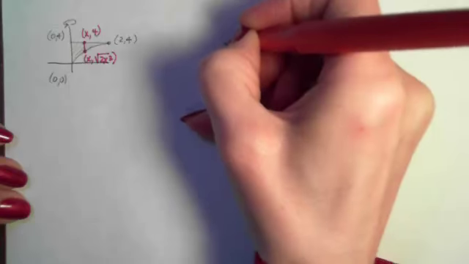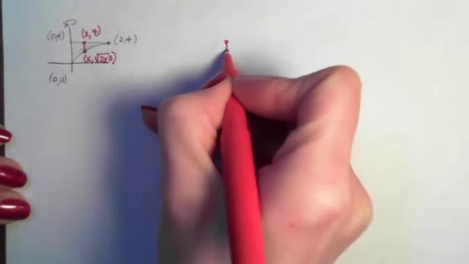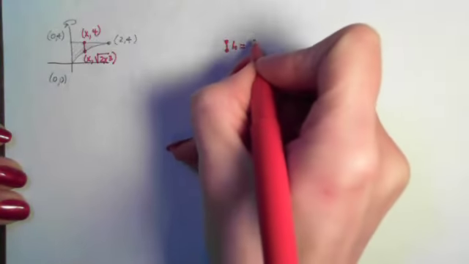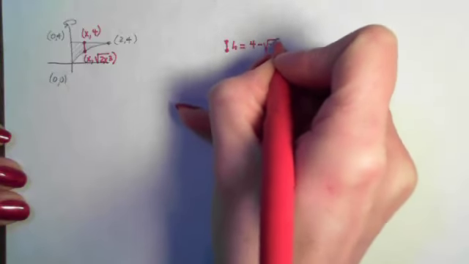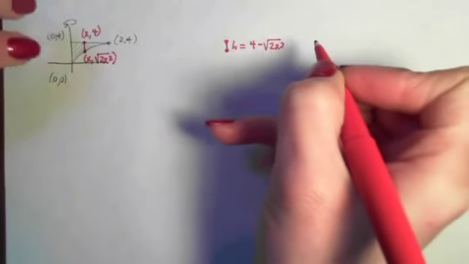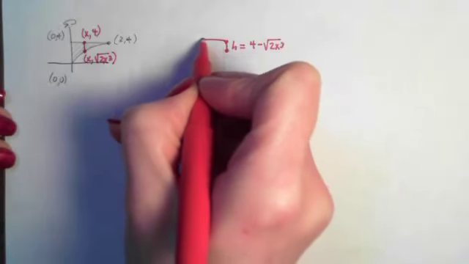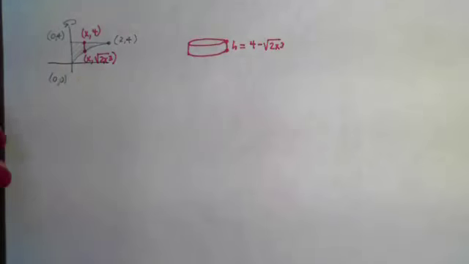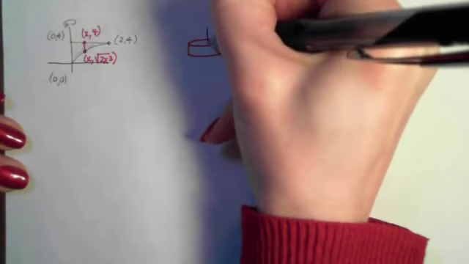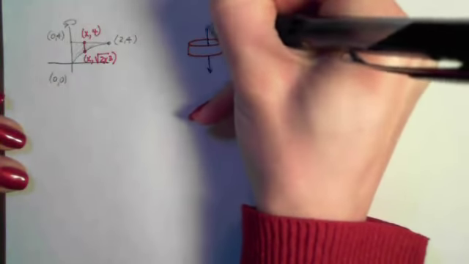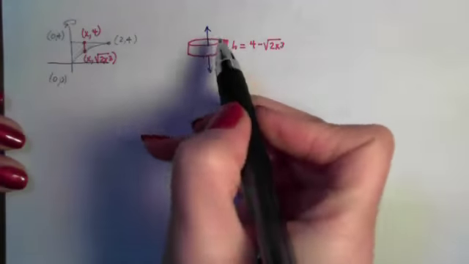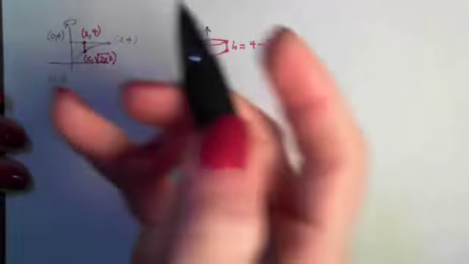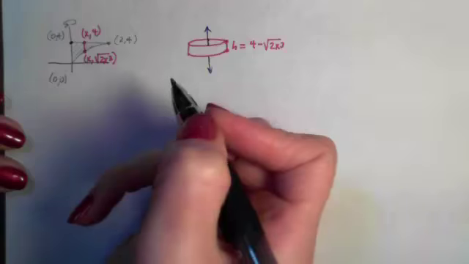So now when I rotate that, the height will be a 4 minus that root. That's the length of my strip. And I'm rotating around that y-axis, so I can find the distance between the strip and the axis by looking at either that point.